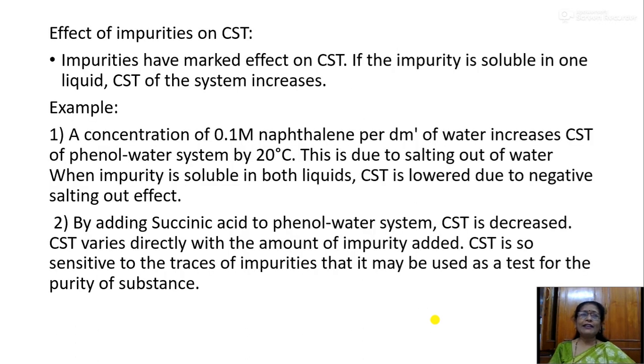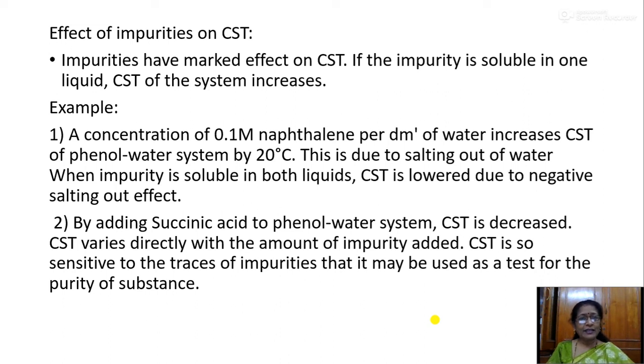Okay, now let us see the effect of impurities on the CST, whether it is lower or higher. What will happen if you add some impurity? Impurity may be some salt. Impurities have a marked effect on the CST. If the impurity is soluble in any one of the liquids, the CST of the system increases.